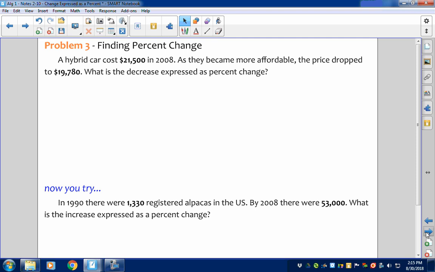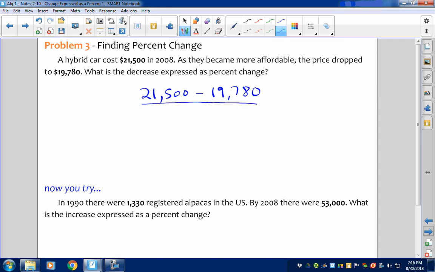A hybrid car cost $21,500 in 2008. As they became more affordable, the price dropped to $19,780. What is the decrease expressed as a percent change? So we do 21,500 minus 19,780 over the original price, 21,500, multiplied by 100.